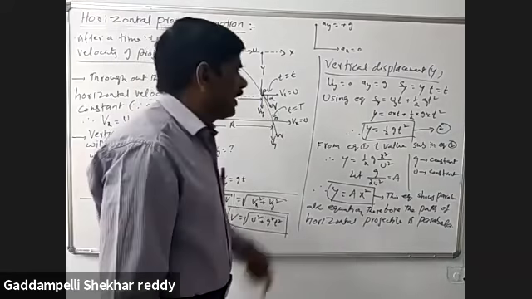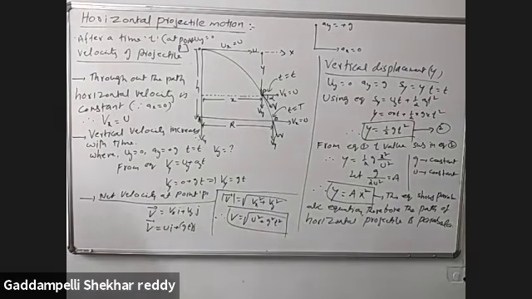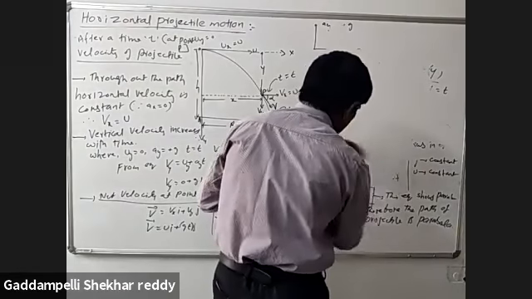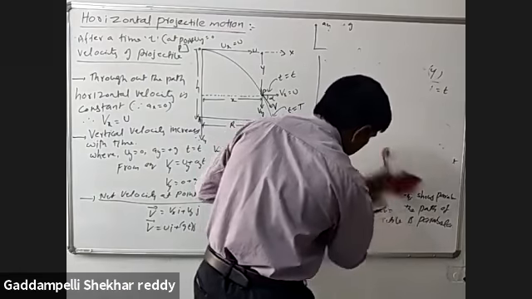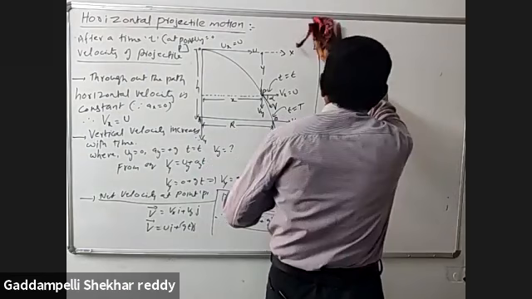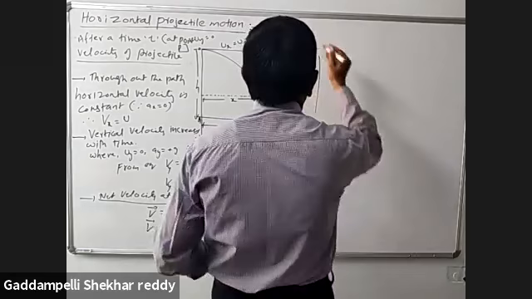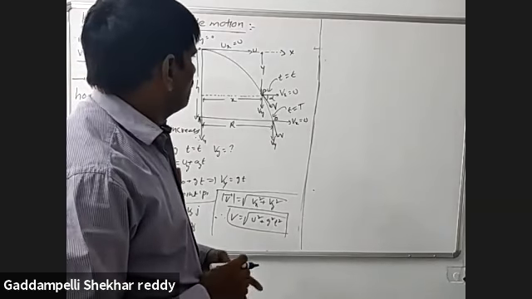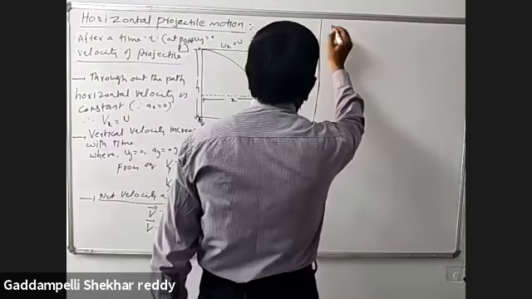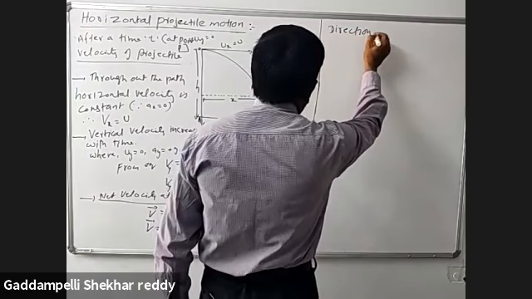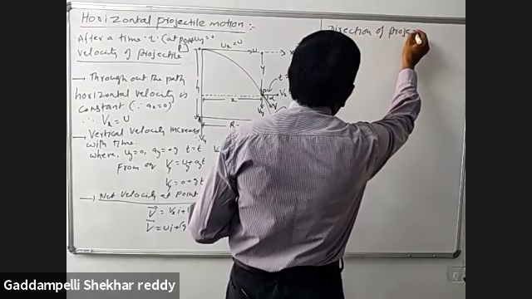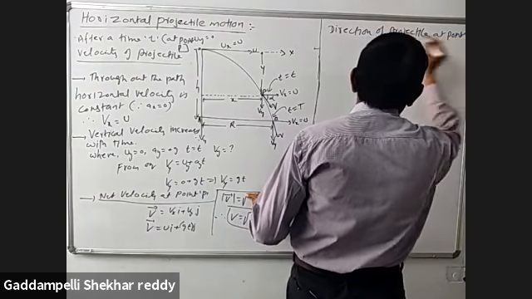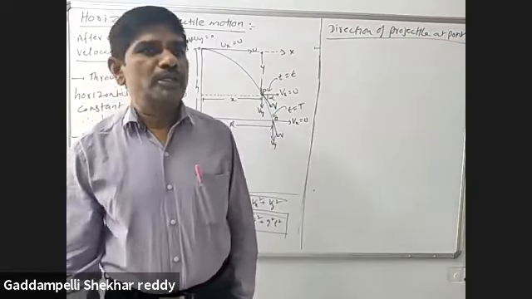At the same point, if it is asking the direction of the velocity, the direction of the projectile after the time t or at point P, we can represent it in terms of tan.